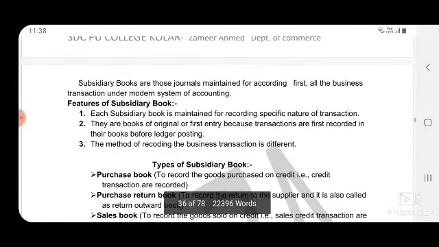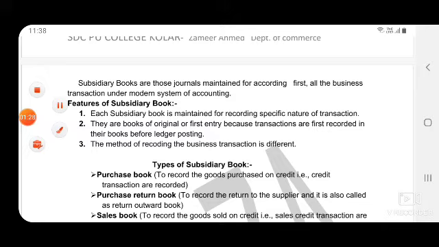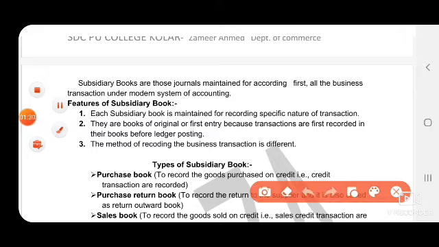Now the features of subsidiary books. Each subsidiary book is maintained for recording a specific nature of transaction. So in each book, we are going to record a specific nature. For example, purchase transactions we record only in the purchase book.